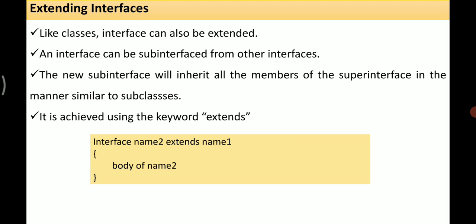Name2 is the sub-interface and name1 is the super interface. So the sub-interface will inherit all the members of the super interface, like how members are inherited by subclasses from the superclass.